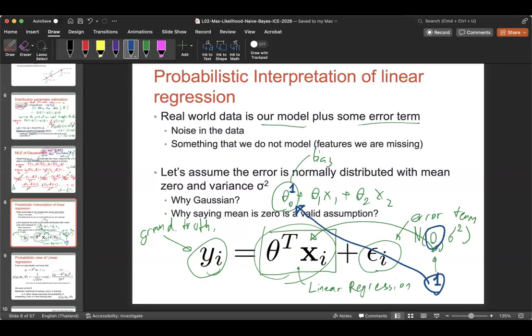So a non-zero mean in the error, you can always move it into the model. Okay, so all right, that's our assumption of the model: our error is zero mean and Gaussian distributed.